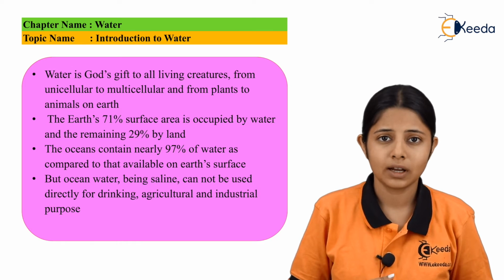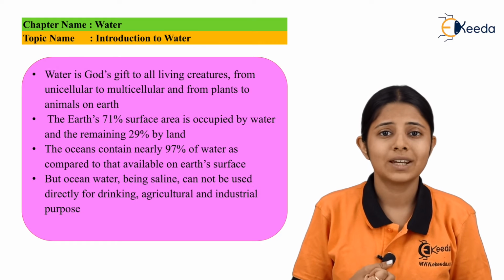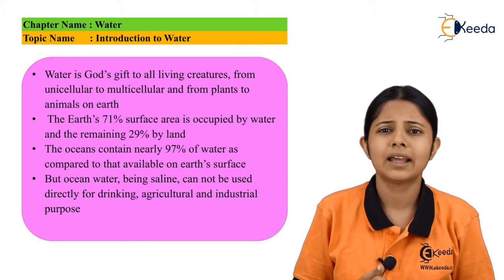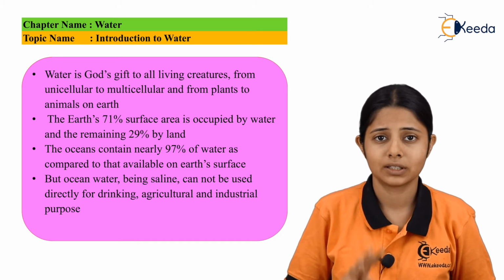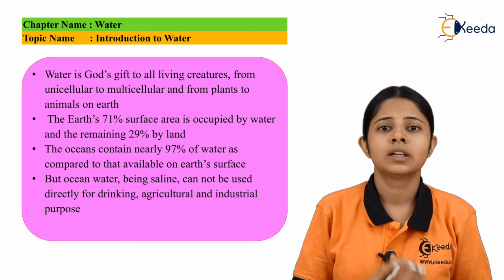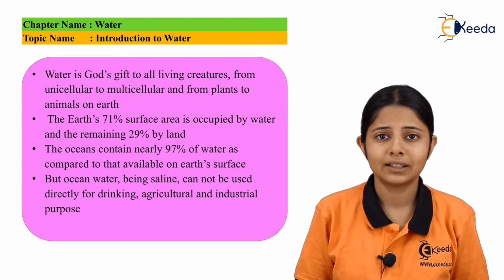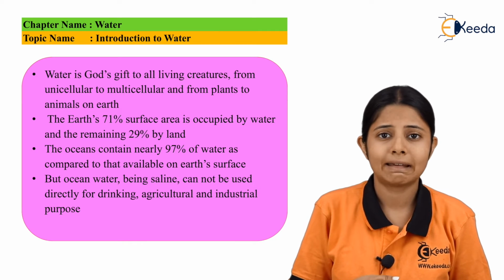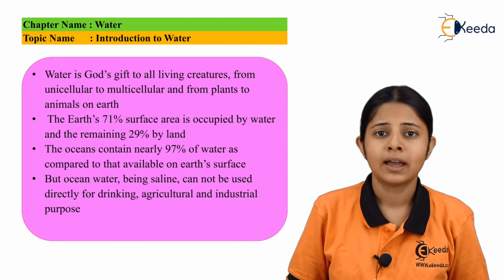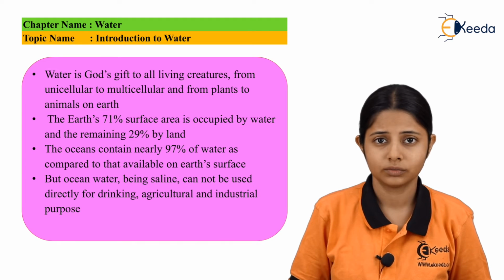Salty or saline water has various salts and minerals dissolved in it, and it may have certain impurities in it. The other water, that is the other 3%, is the fresh water. In this fresh water, we do not have anything dissolved in it. The water in the rivers, lakes, ponds, and especially the rainwater is pure and fresh water.